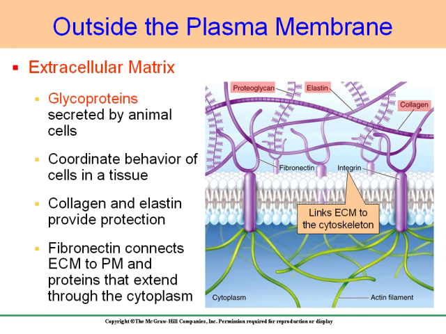And these different types of proteins are going to coordinate behavior of cells in a given type of tissue. Collagen and elastin specifically are going to provide protection to the outside of the cell. Fibronectin, on the other hand, is going to connect the extracellular matrix to the plasma membrane and to proteins specifically that extend through the cytoplasm.